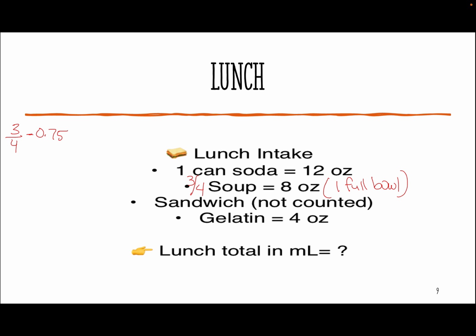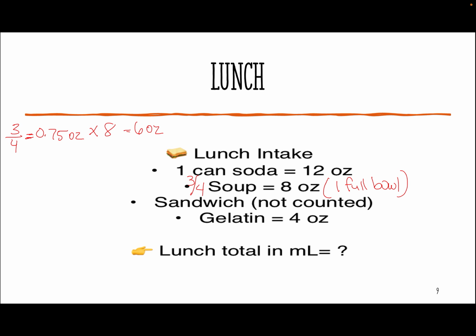So 0.75, that's the portion of the bowl, okay, because they didn't have the full bowl. All right, and then I have that. I need to figure out how much of that is from that 8-ounce bowl, okay? So to figure that out, we're going to multiply it by 8 because that's the total amount in the bowl. But I'm trying to figure out, well, how much did they actually consume if they didn't use the whole bowl? So 0.75 times 8, okay, and we get 6.